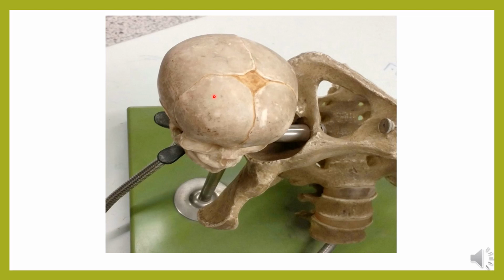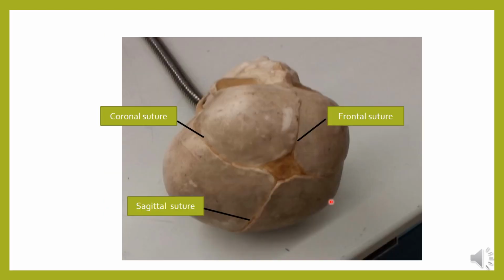The viscerocranium is derived from the mesoderm of the pharyngeal arch, forming the skeleton of the face. The brain box contains the flat bones. The flat bones are separated by connective tissue.